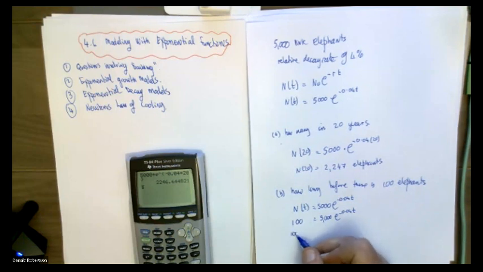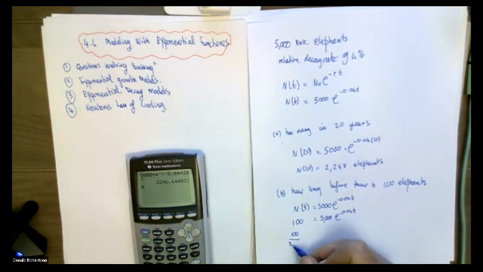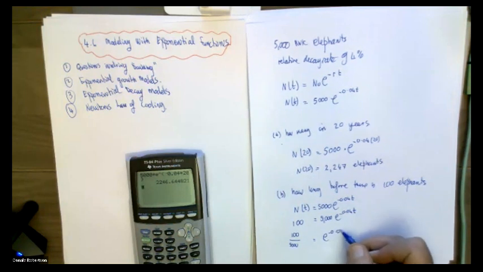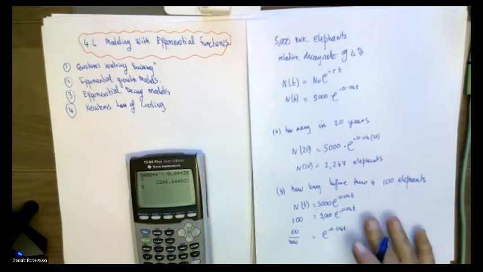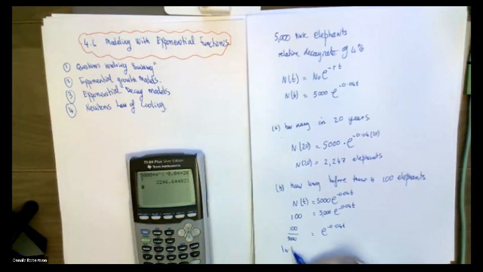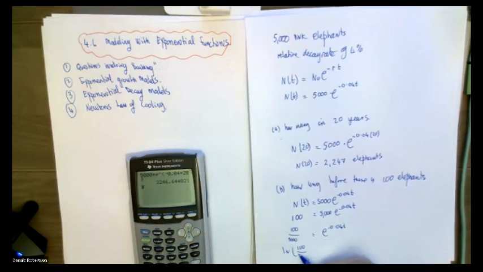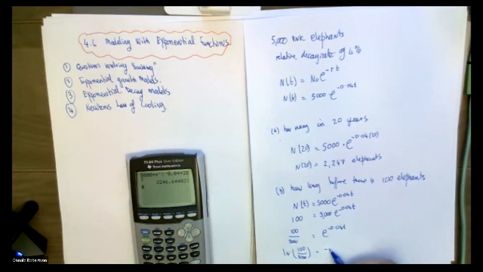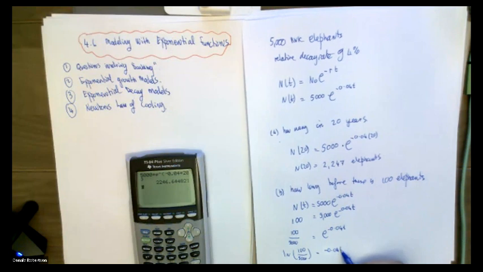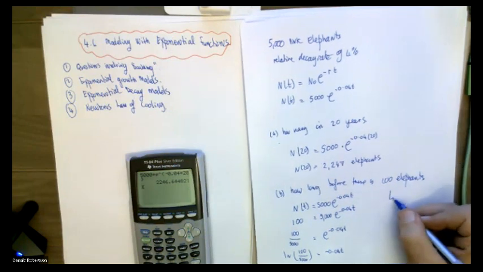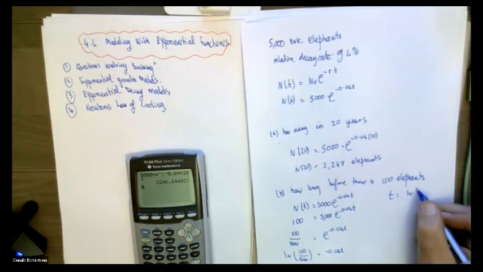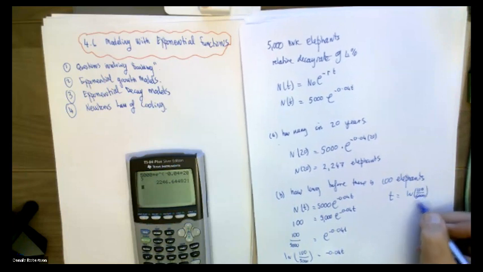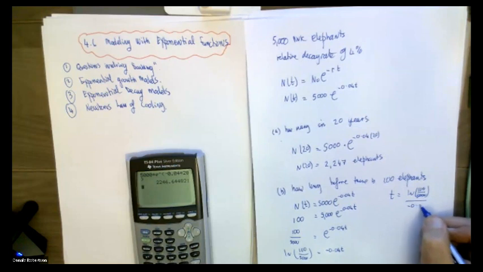Divide, in this case, both sides by 5,000. Take the natural log of both sides. And the natural log of this guy is that. Now to get t, you take the log and you divide it by negative 0.04.